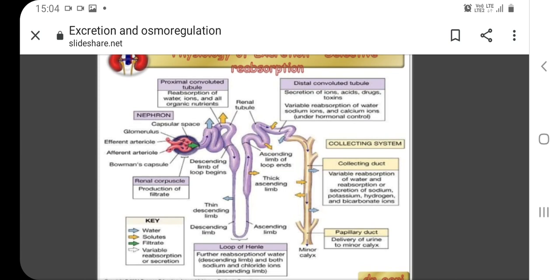That is, you can see in this diagram, different arrows are shown. The green arrow shows the passing of the filtrate, which contains the plasma, that is, all the constituents of blood except RBCs and proteins.